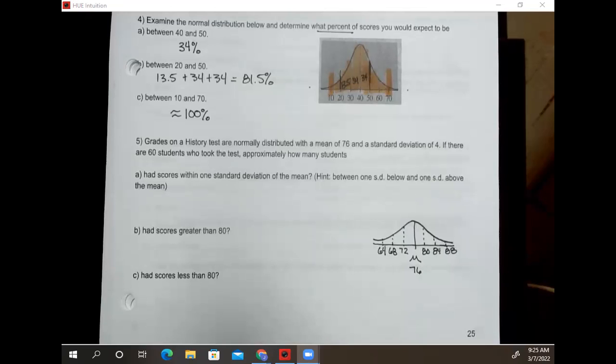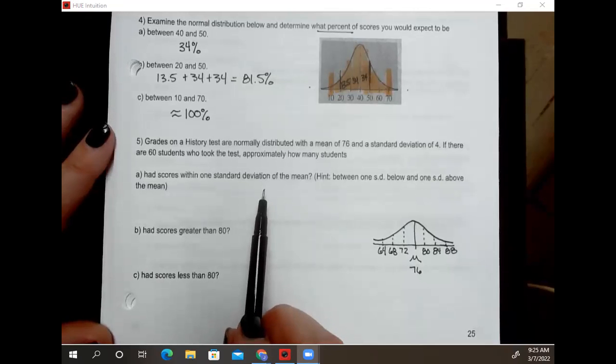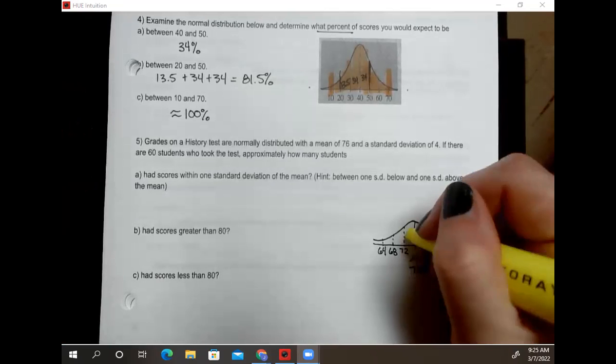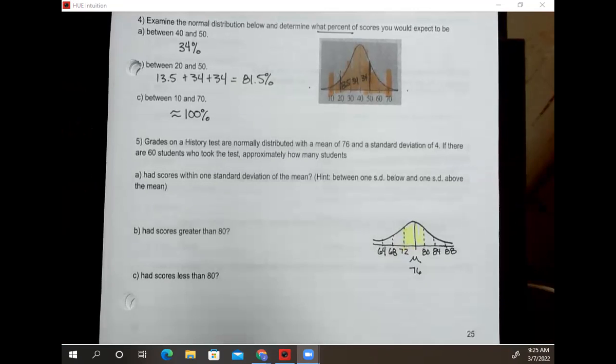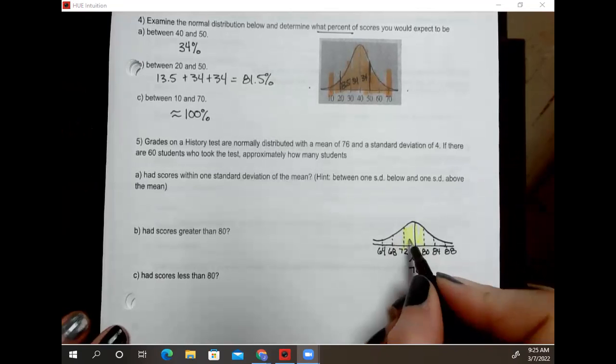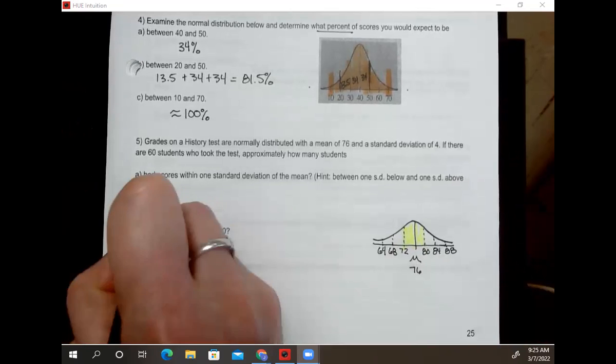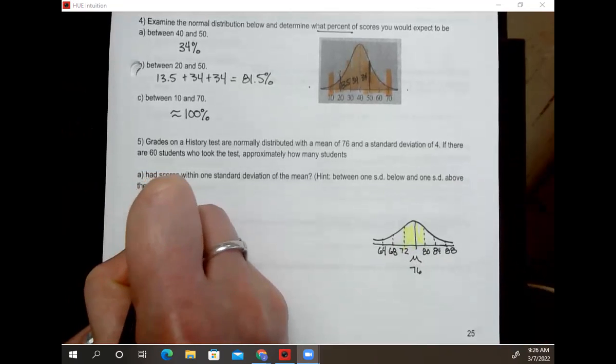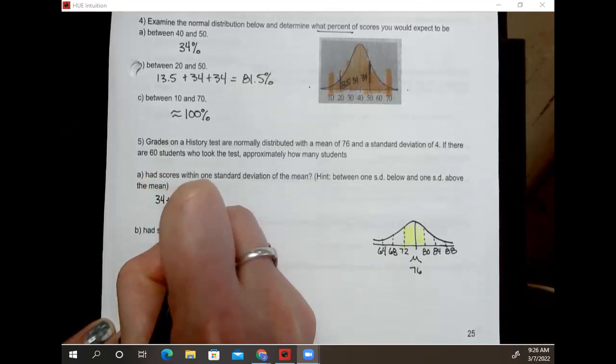So for part A, I want to know how many students had grades within 1 standard deviation of the mean. So this means 1 standard deviation below to 1 standard deviation above. This middle section right here. So we know this part's 34%, we know this part's 34%. I'm going to add those up, and I know it would be 68% of my kids.